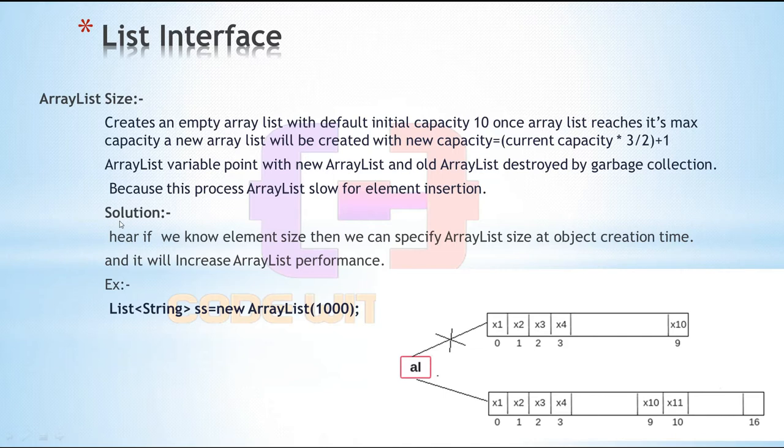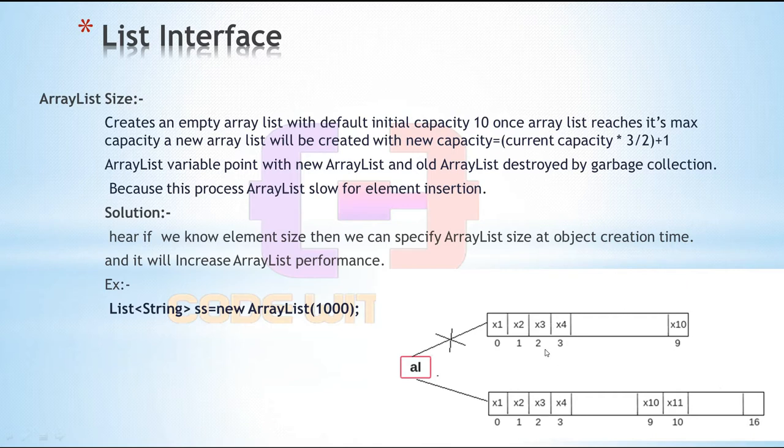Okay, here you can see in this diagram, first we create an ArrayList. When we create an ArrayList, its default capacity is 10. We can happily store 10 elements. After that, when we try to insert the 11th element, at that time it will create a new array list.